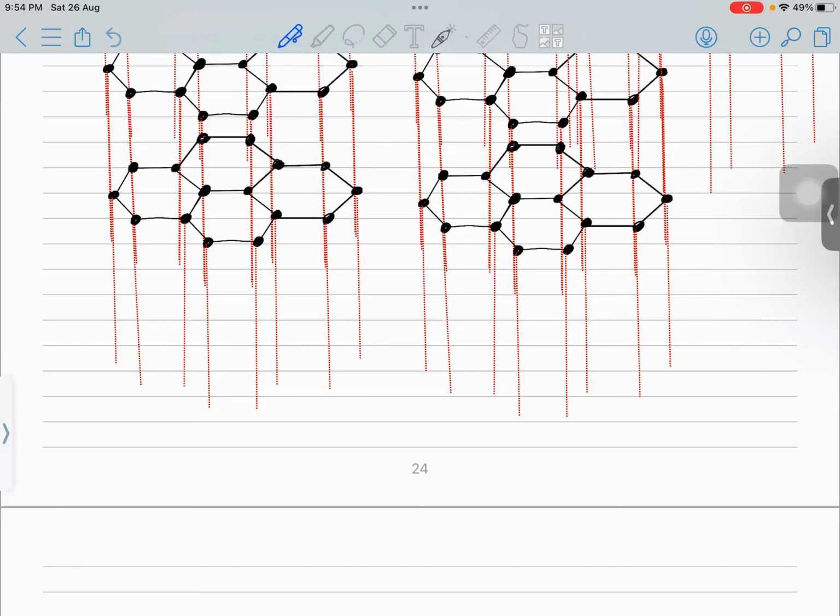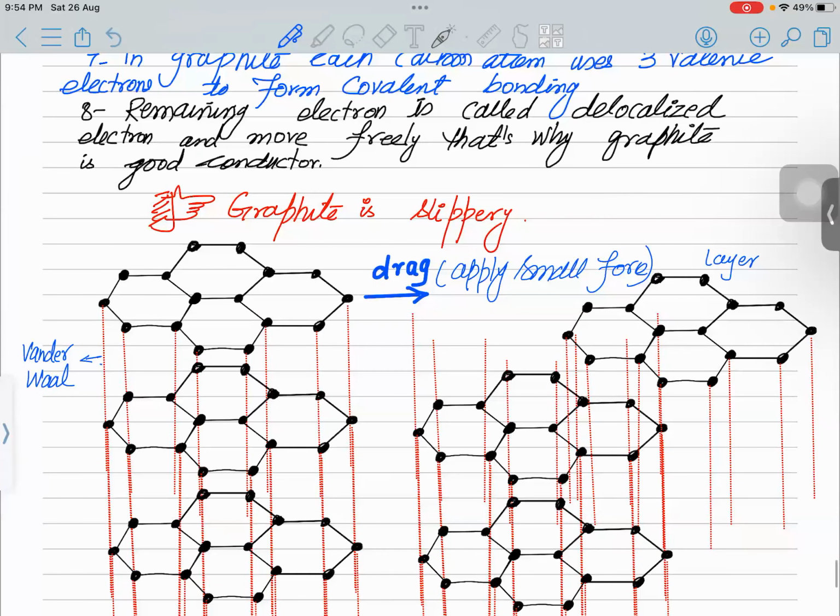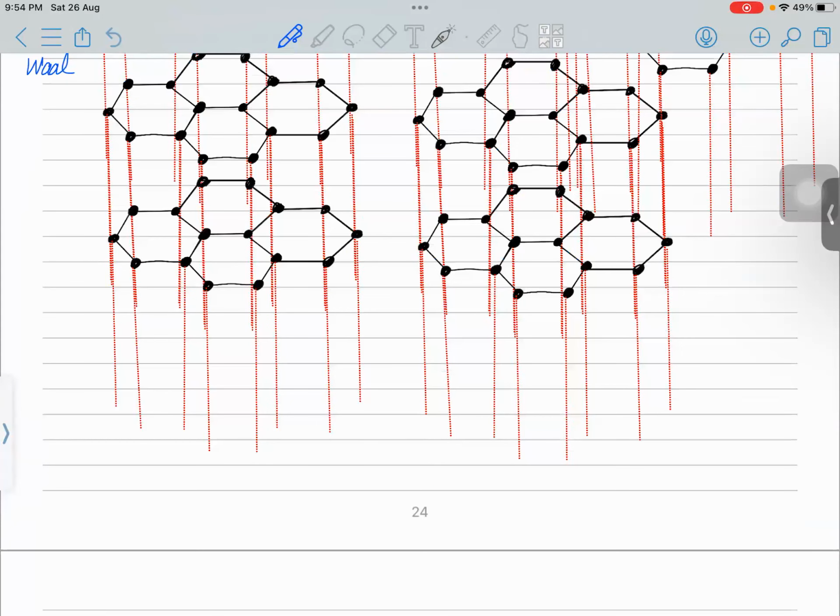Okay, write the next point. Covalent bonds within a layer are very strong, right? So the force of attraction between each layer is weak.